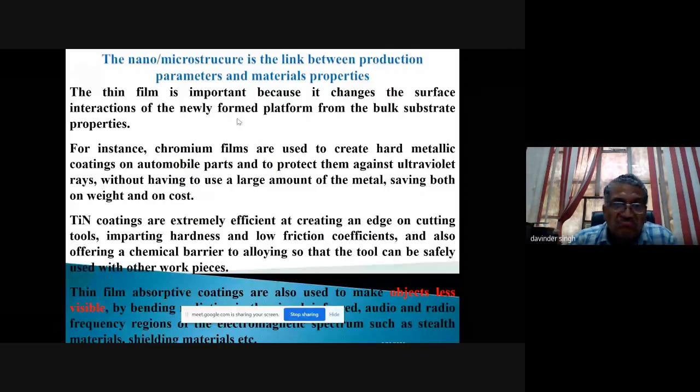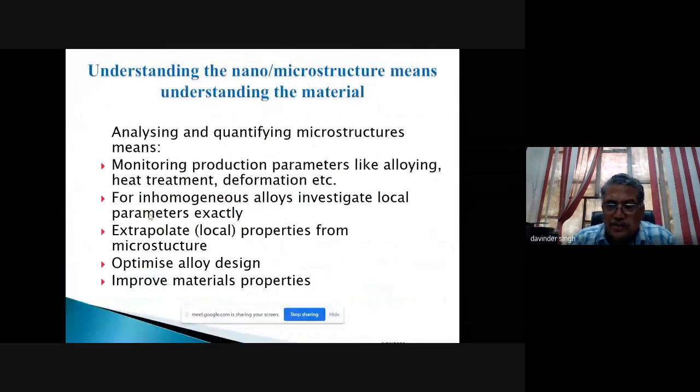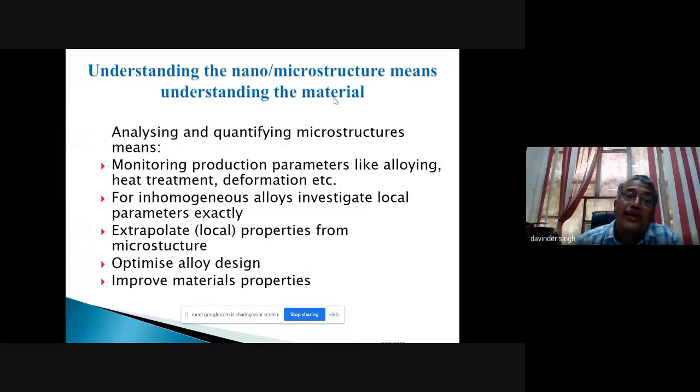Okay, so I can skip this. That understanding of microstructure means understanding the materials. So overall, we have to understand the materials, and for understanding the materials, definitely we need to understand the structure, and to understand the structure we have to go to the microscopy.